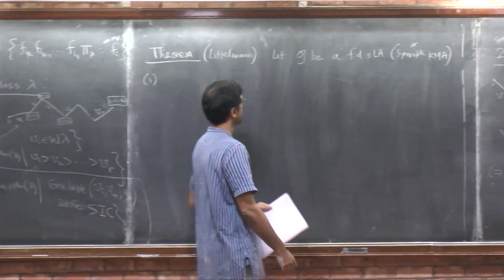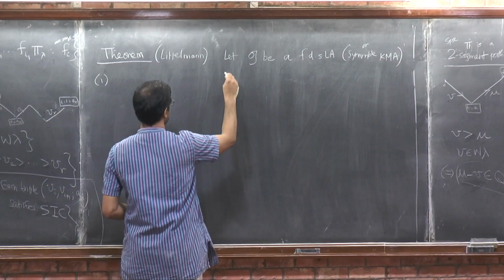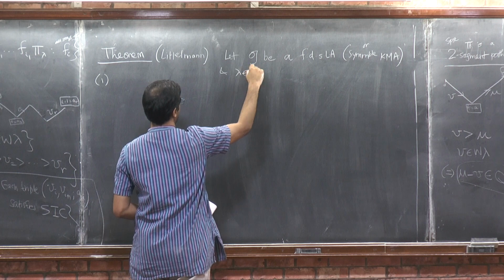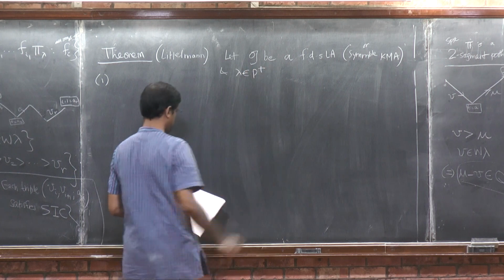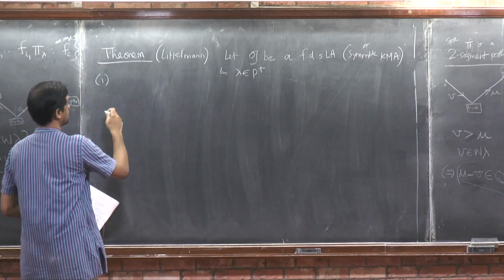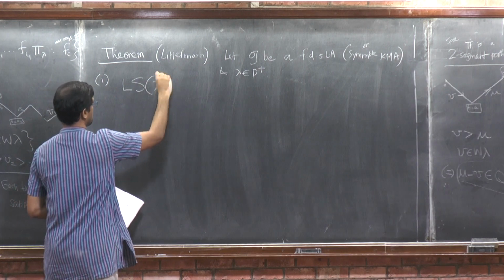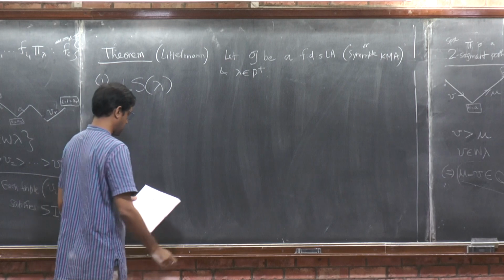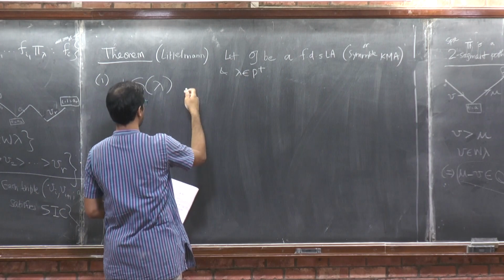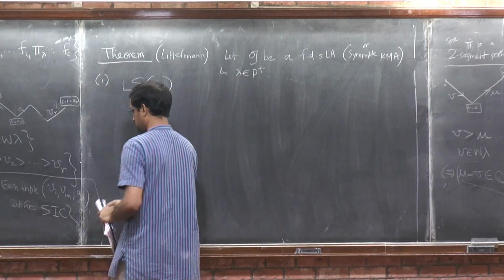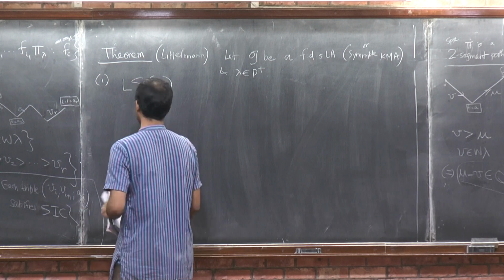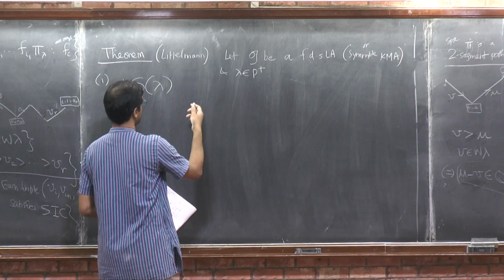So G is this, and lambda is a dominant integral weight of G. The theorem says the set of all Lakshmibai-Seshadri paths of class lambda is closed under the action of the e_i's and the f_i's. The claim is that this is closed under the action of the e_i's and f_i's.